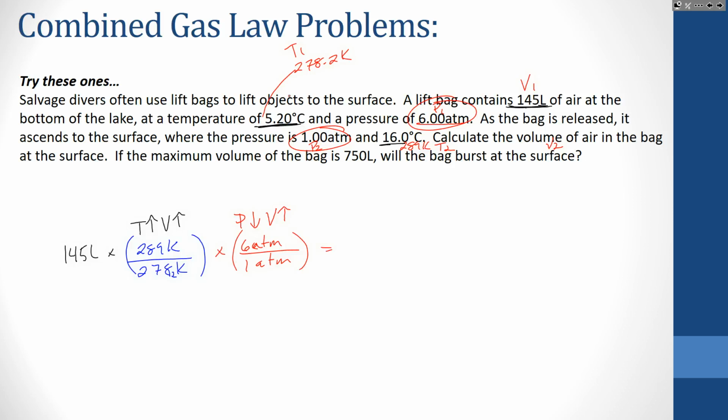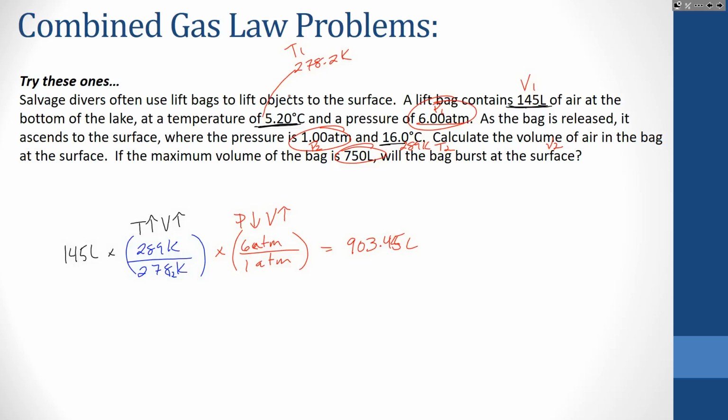So I'm basically multiplying across the top, 145 times 289 times 6. And now I'm going to divide by the multiplication of the bottom, 278.2 times 1, which is basically 278.2. So I get a volume of 903.45 liters.